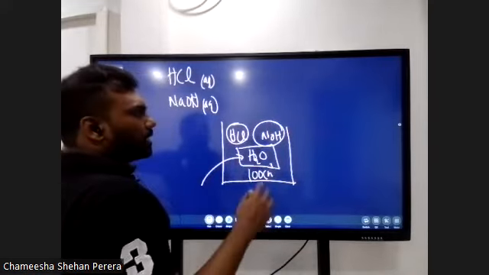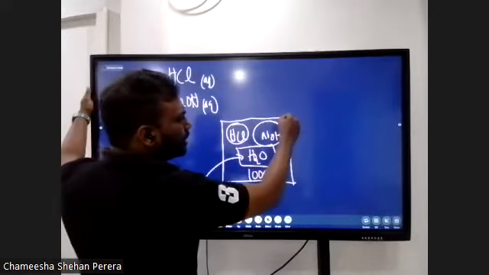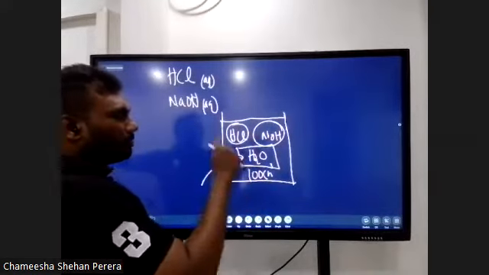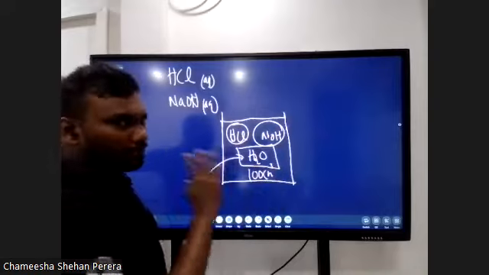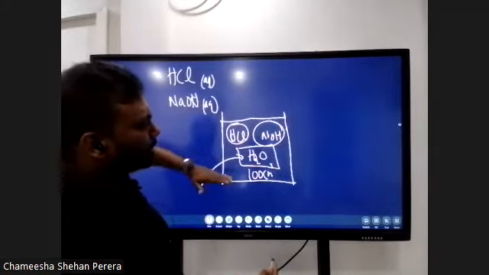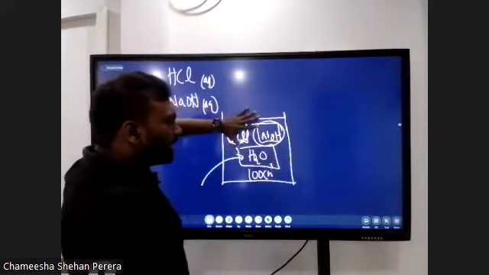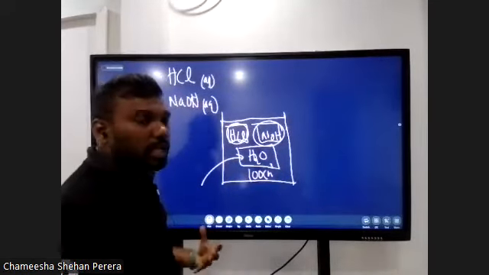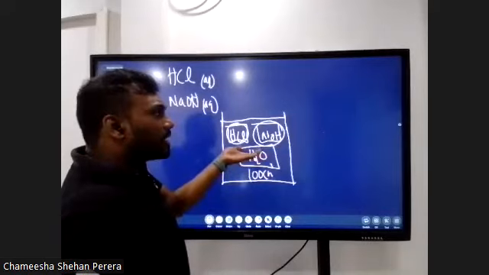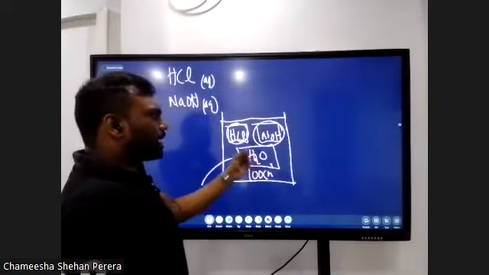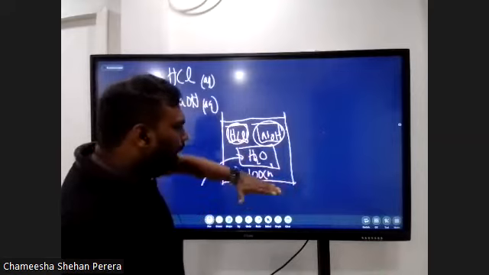So because of that, the specific heat capacity of this final mixture is not exactly equal to the specific heat capacity of water. But what is the majority here? Water, while these are in minute amounts. So we assume the final mixture has a specific heat capacity very similar to that of water.